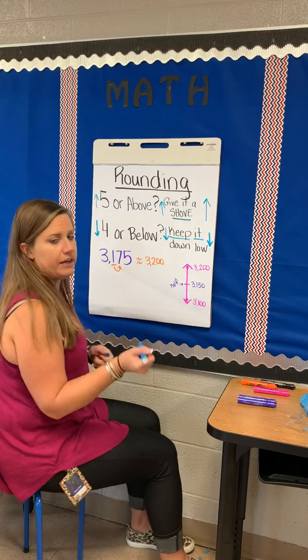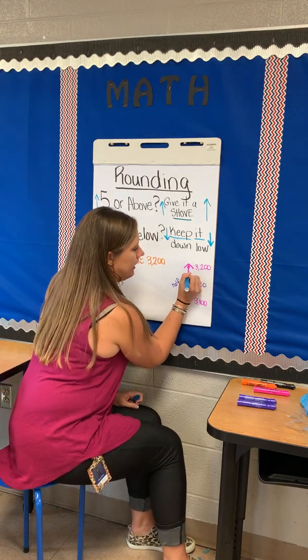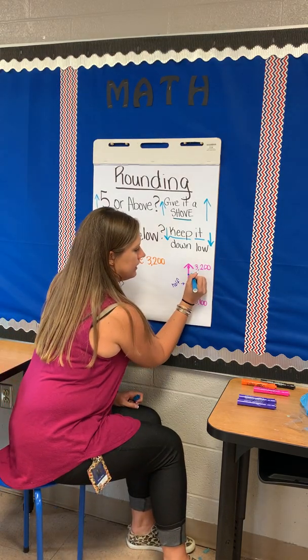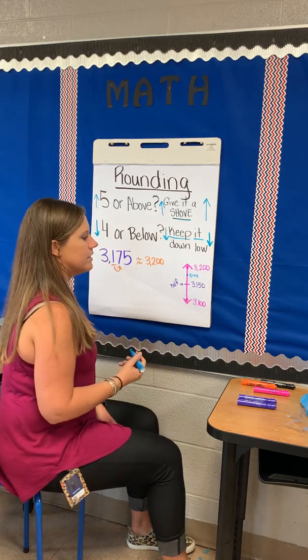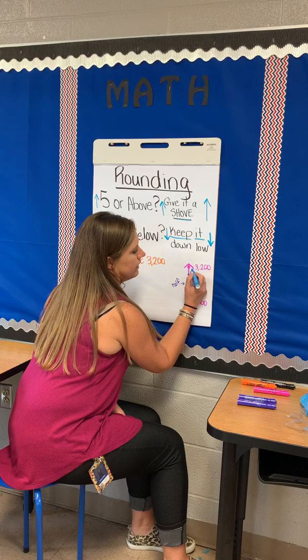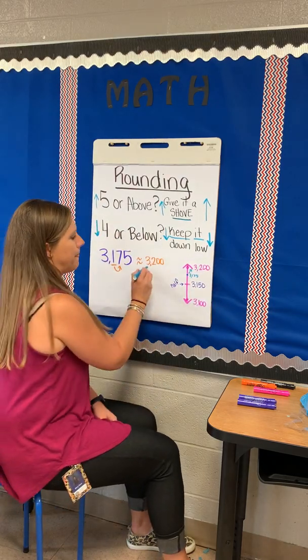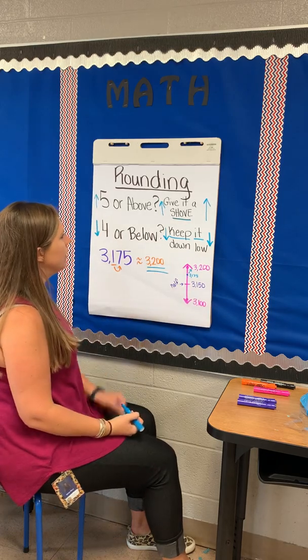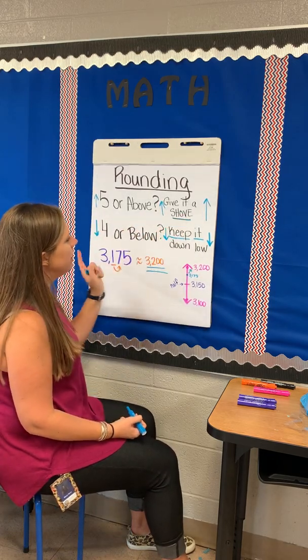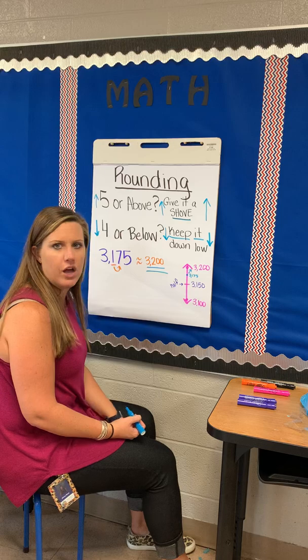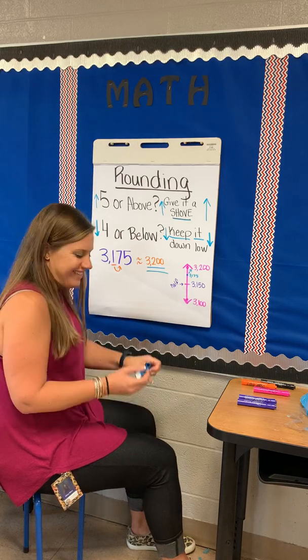Where would that be? About right here, right? 3,175. So that would round to 3,200. 5 or above, give it a shove. 4 or below, keep it down low. I hope this helps.